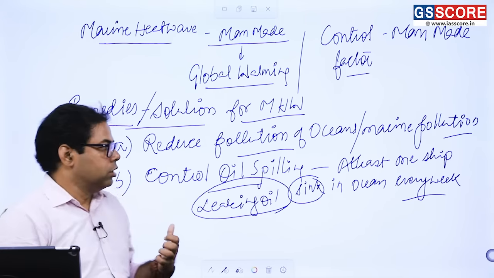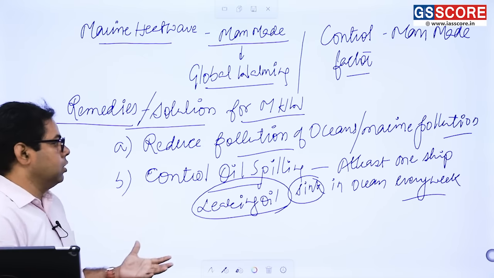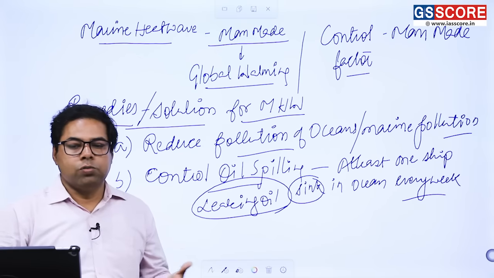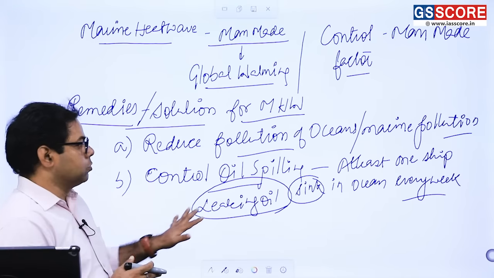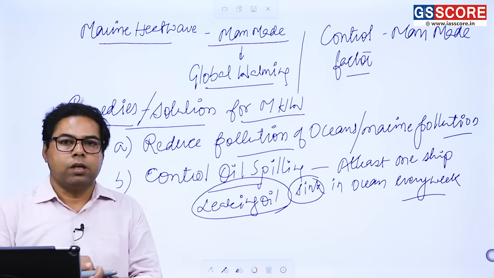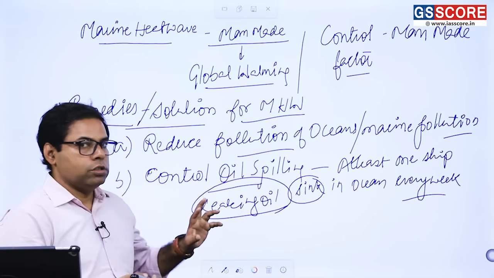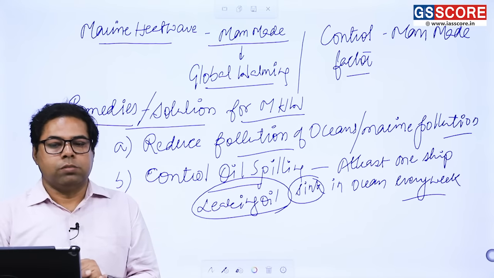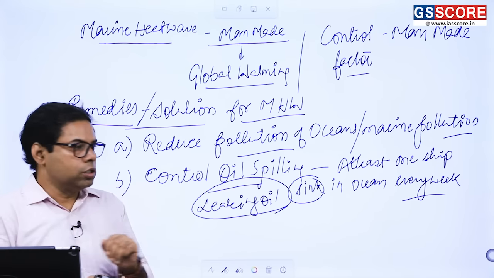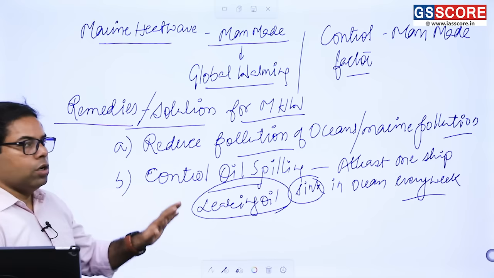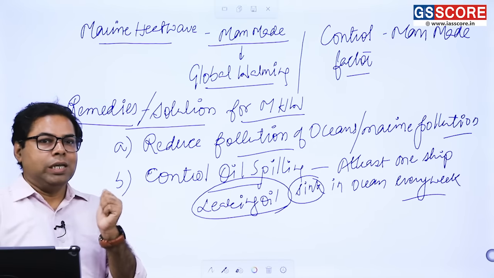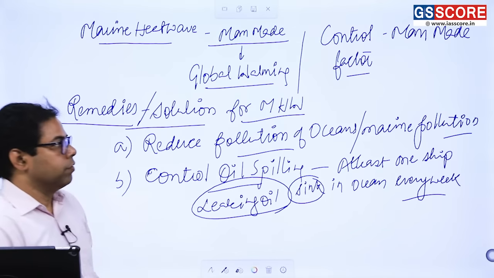If we control the oil spilling, the intensity of the heating of the ocean shall be reduced. And also this oil spilling is responsible for damaging the marine ecosystem. So by controlling these factors, we can also reduce the incidence of marine heat wave.